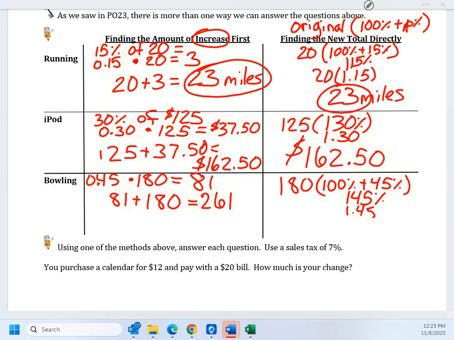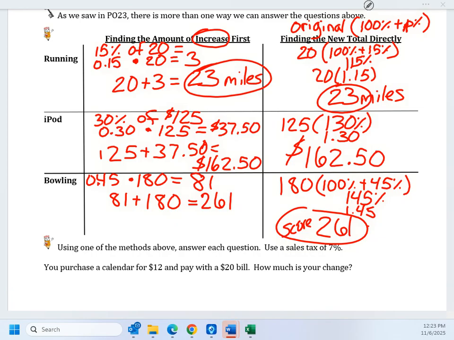Because I can just multiply that decimal out. So what is 180 times 1.45? Ellen? 261. So my new goal score is a score of 261. Same answer I got the other way.